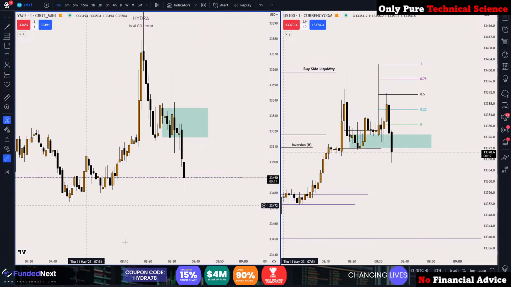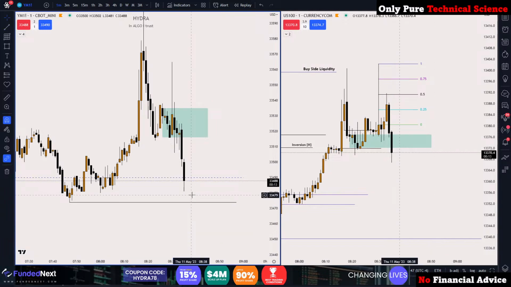I'm targeting this low here. I want to see price coming down and going below these lows.